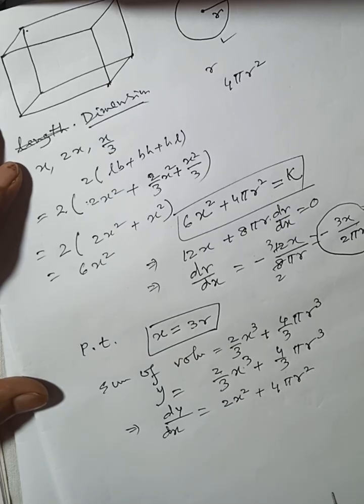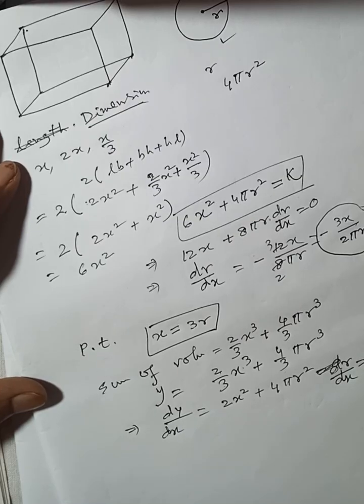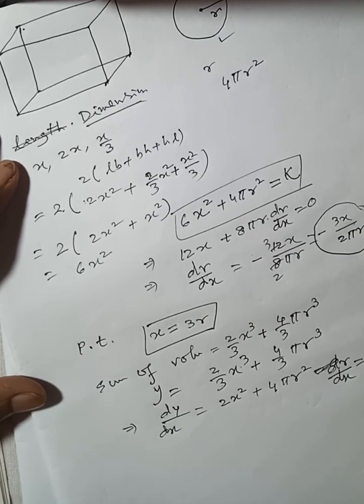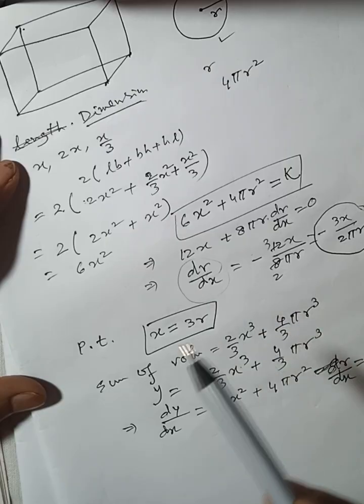And for maximum or minimum, dy by dx will be 0. Now we substitute dr by dx here.